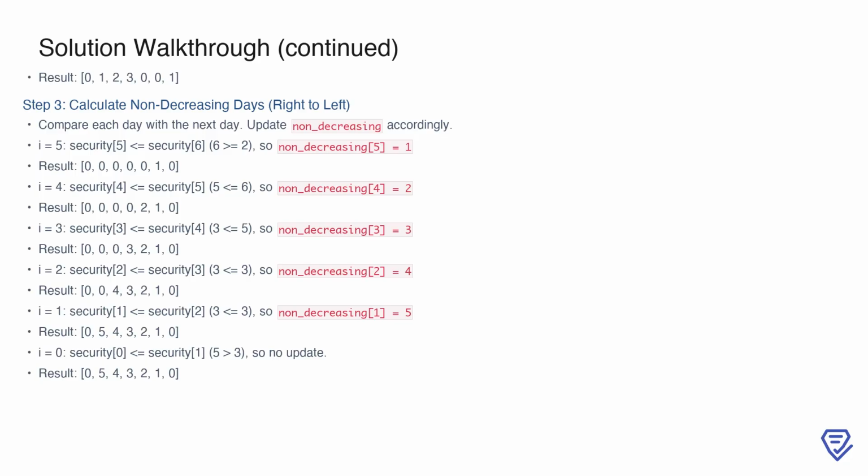For instance, on day 5, security 5 is less than or equal to security 6, so we set non-decreasing 5 to 1. This process continues for each day, updating the array whenever the condition is satisfied. By the end of this step, the non-decreasing array reflects the number of consecutive non-decreasing days starting from each index. Notice how the values build up as we move further left, especially for days where the security levels remain steady.